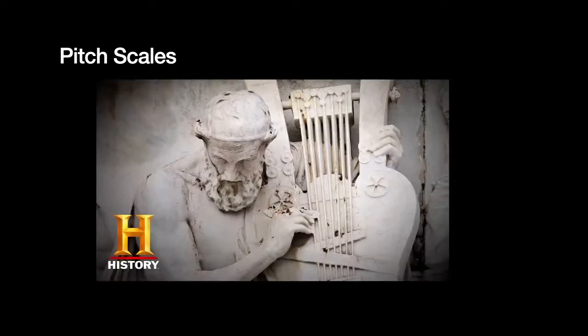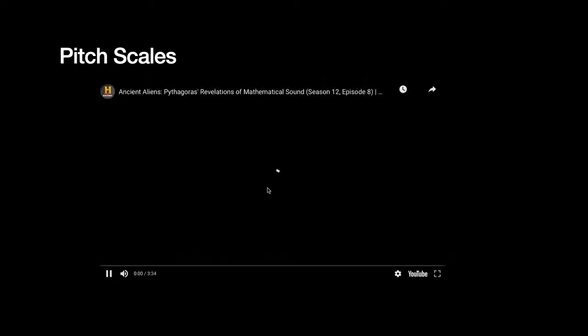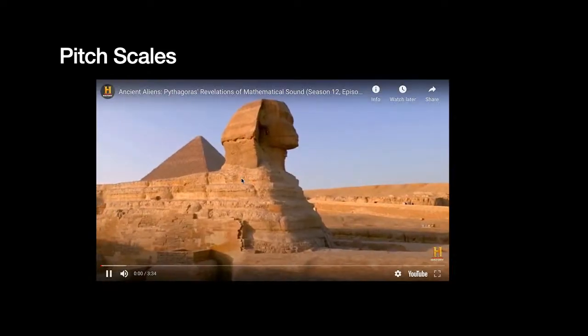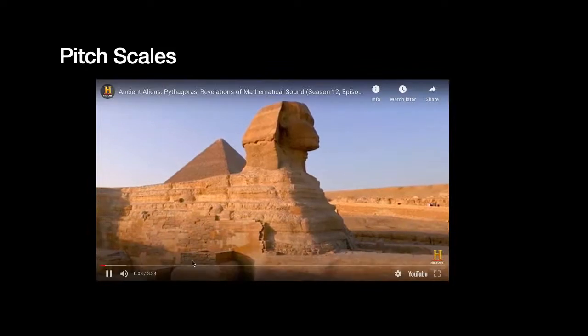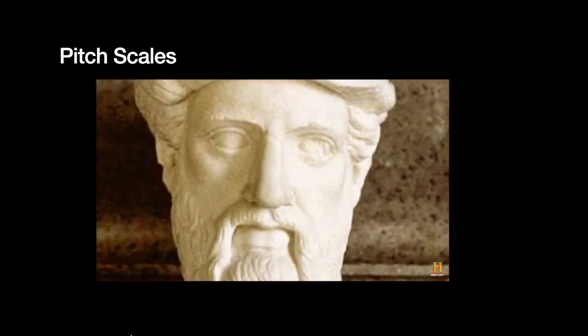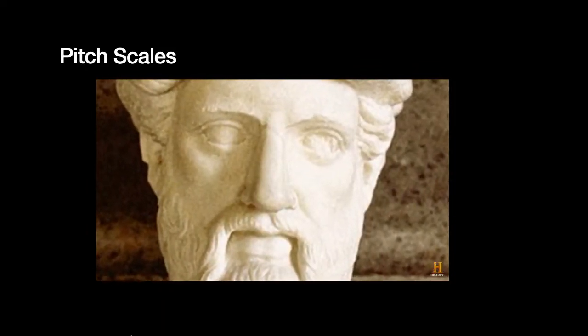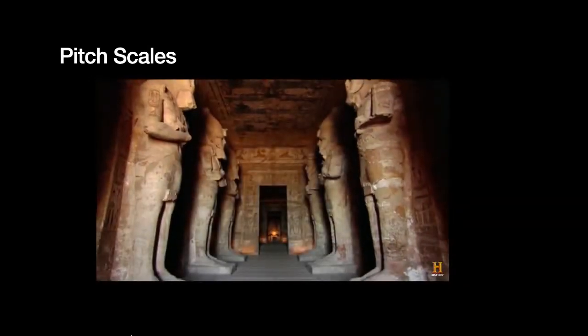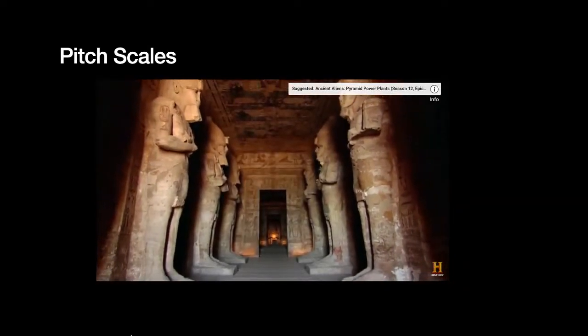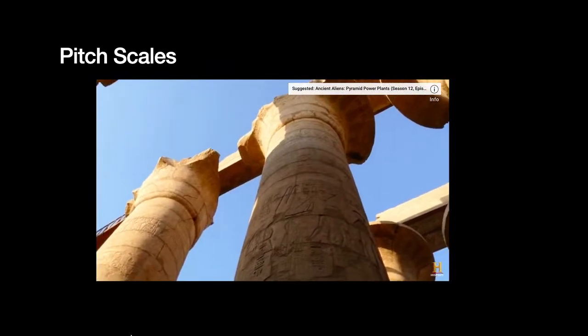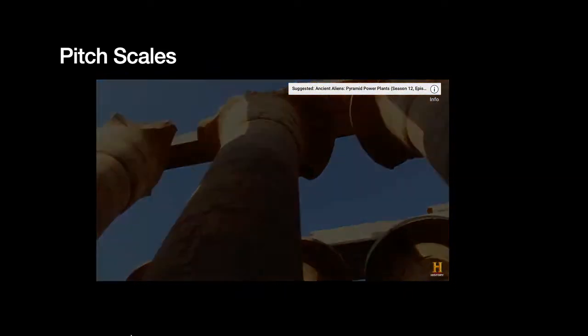Let's learn a few things about Pythagoras. The 6th century BC. Pythagoras, the famous Greek mathematician and philosopher, travels throughout Egypt over the course of 10 years to study the esoteric arts under various local priesthoods.